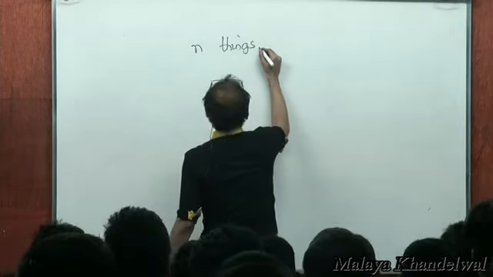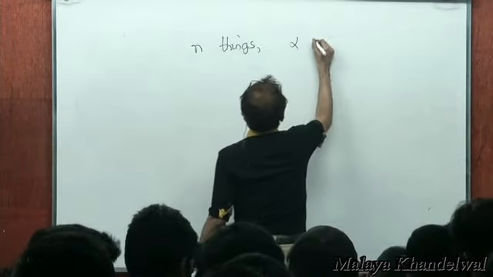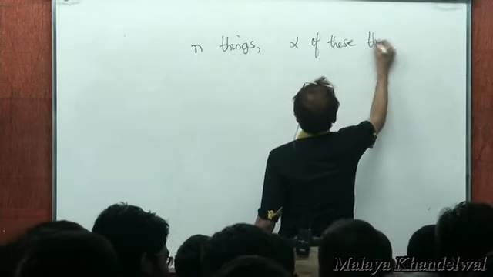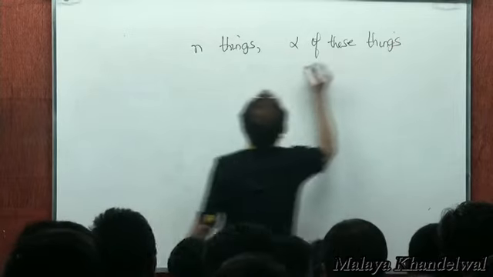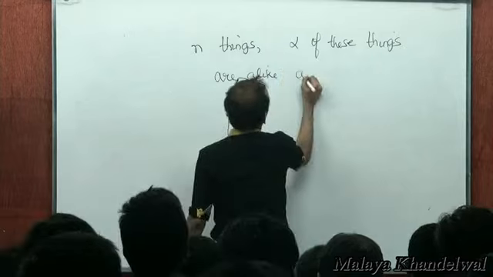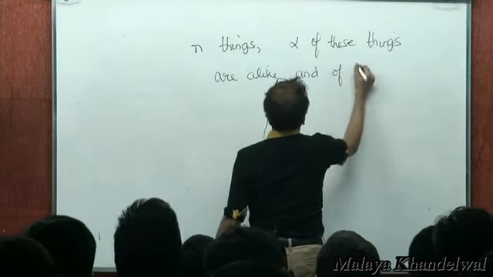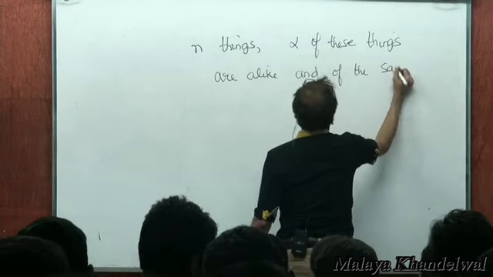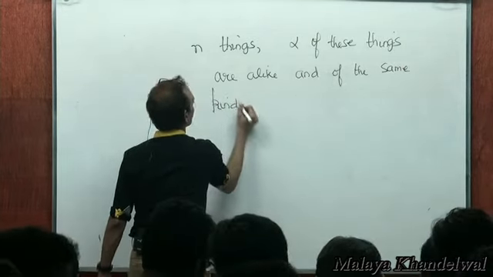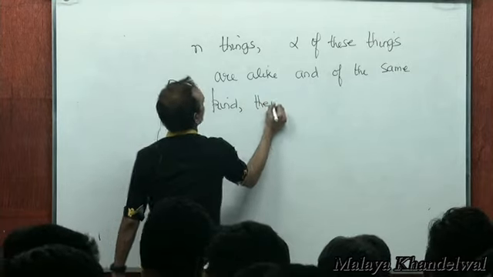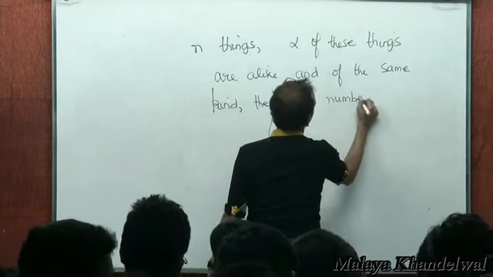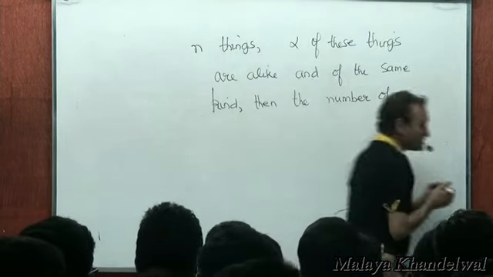There are, out of these n things, alpha of these things alike and of the same kind, then the number of permutations, that means number of arrangements.